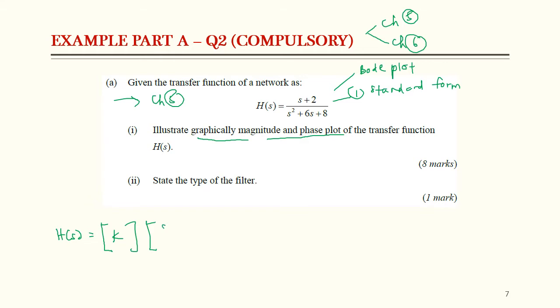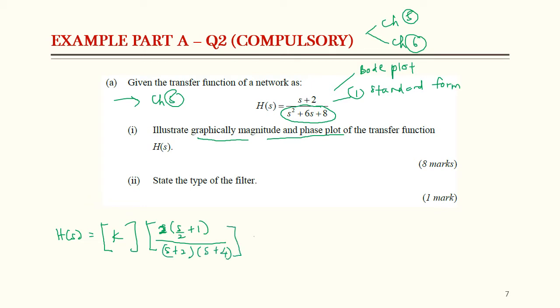So in this case, you have 2S over 2 plus 1, divided by, and at the bottom you can factorize this into S plus 2, S plus 4.